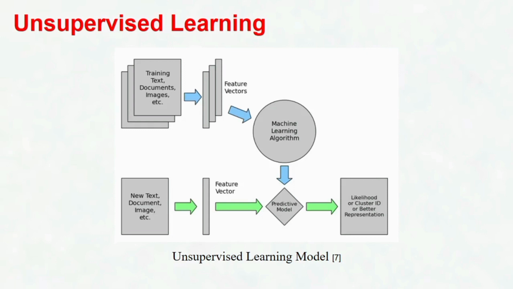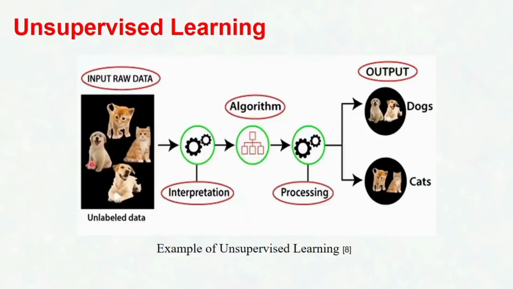So it identifies feature vectors of a particular group, clusters them, and assigns them a label, class 1, class 2, etc. When you give a new test image or a document, feature vectors are extracted and the model, based on the learnt algorithm, will predict to which class it belongs to.